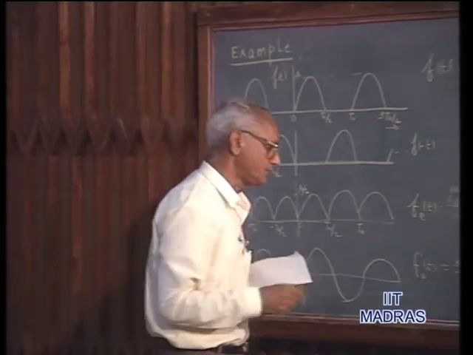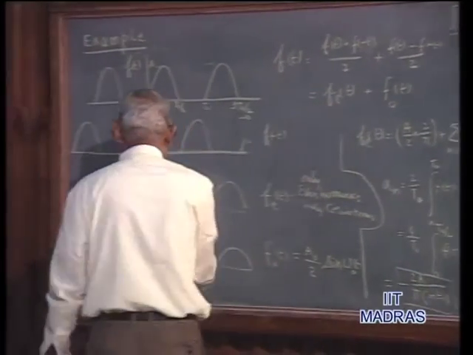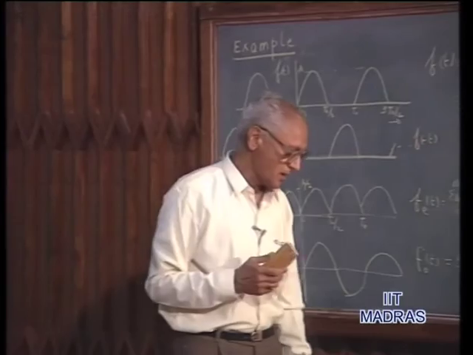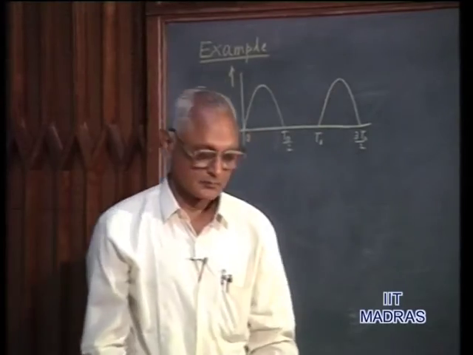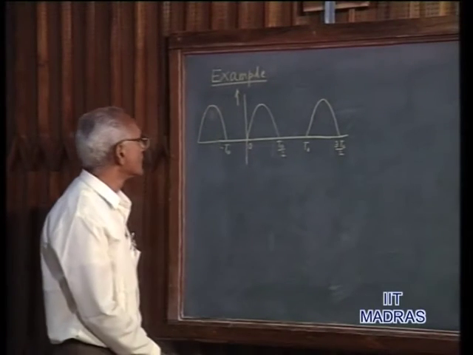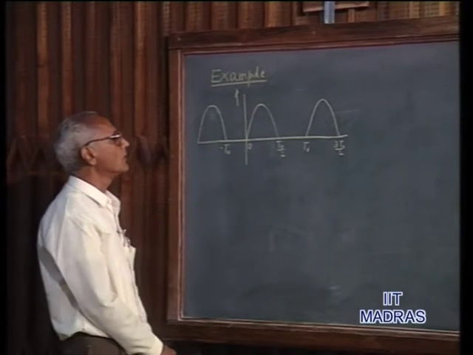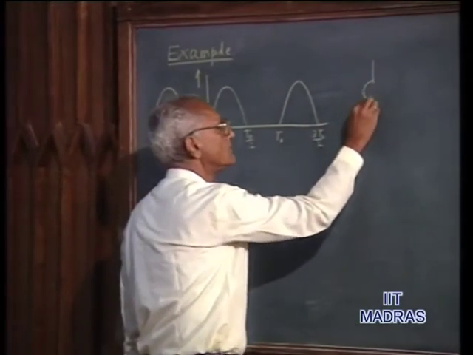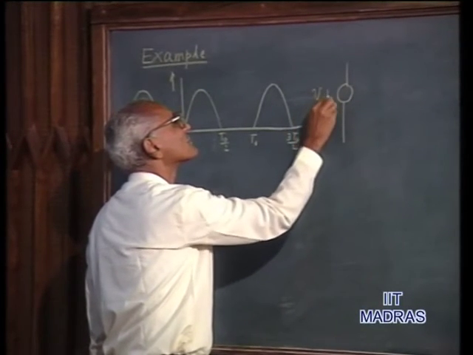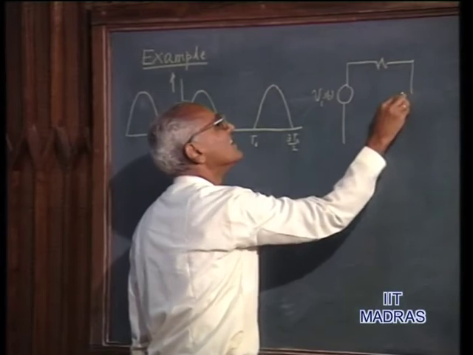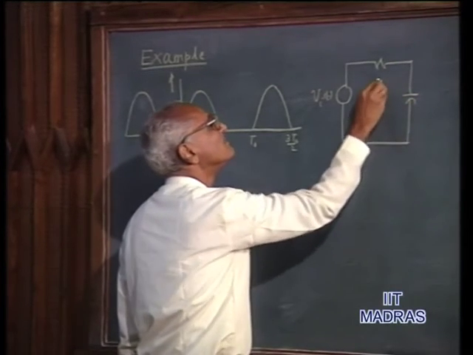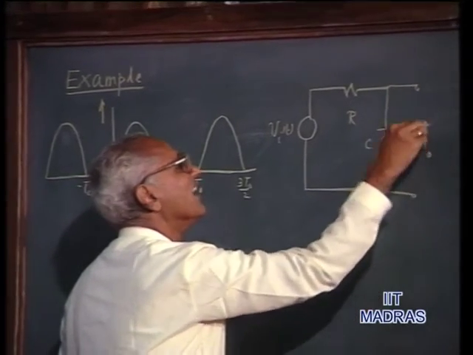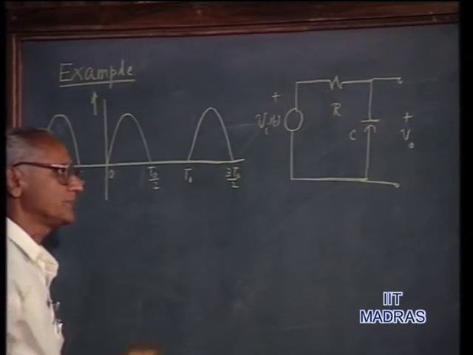Now let us use this work that we have done here to work out another example where such a waveform is applied to an electrical circuit. In this example, we will consider that a waveform of a voltage of this shape is applied to an RC circuit and the voltage across the capacitor is taken to be the output voltage.